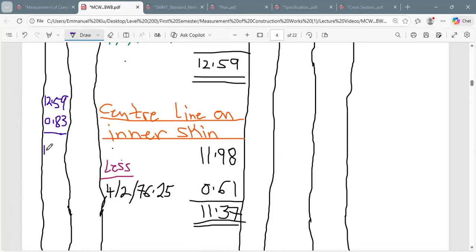Here is 11.37. Because block work, we told you that it's measured in area. So that's why we're measuring this one in areas too. So 11.37 times 0.83.